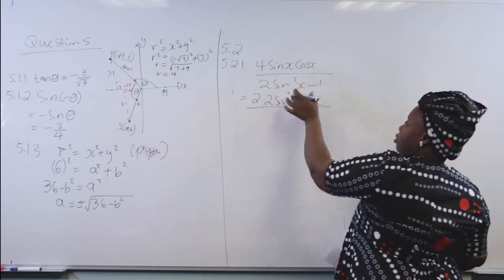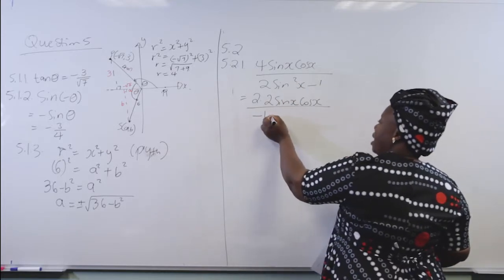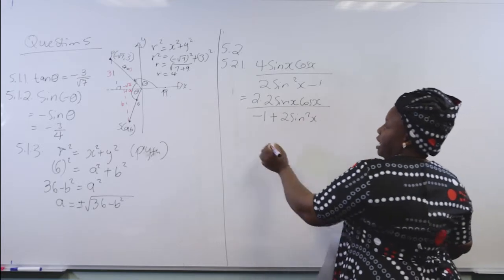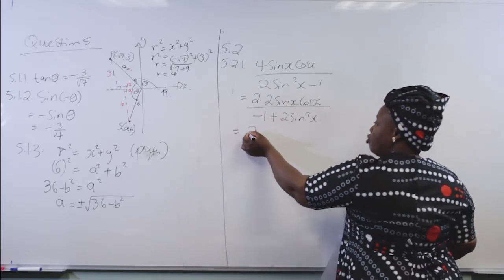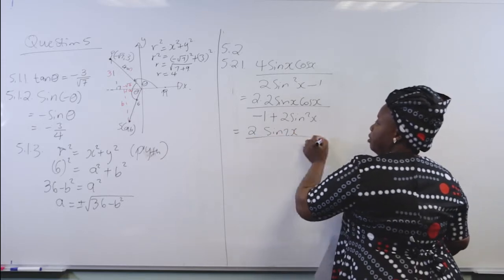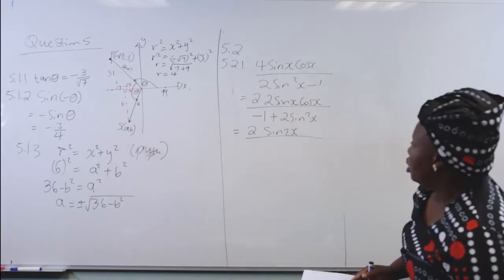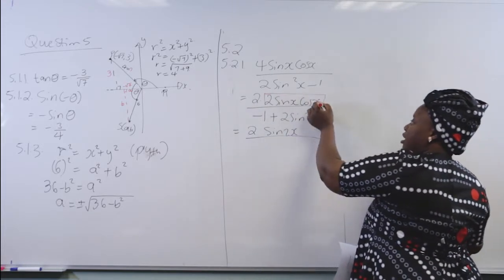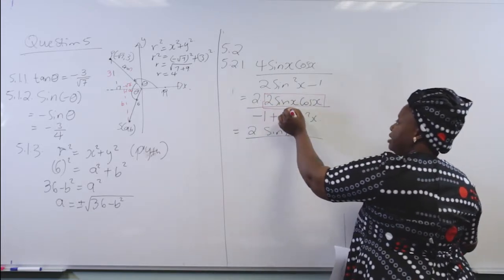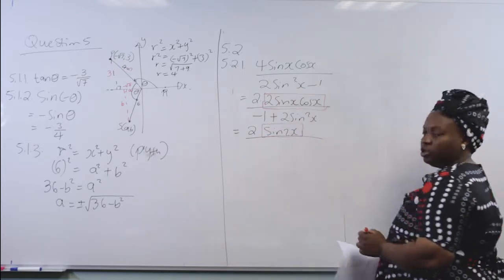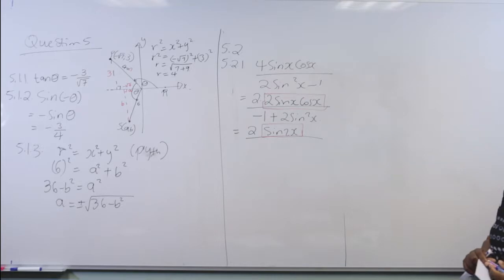Let's see what we are going to have if we rearrange: negative 1 plus 2 sine squared x. Now, I'll have 2 times sine 2x, because 2 sine x cos x is the same as sine 2x. That is coming from the formula sheet, direct.